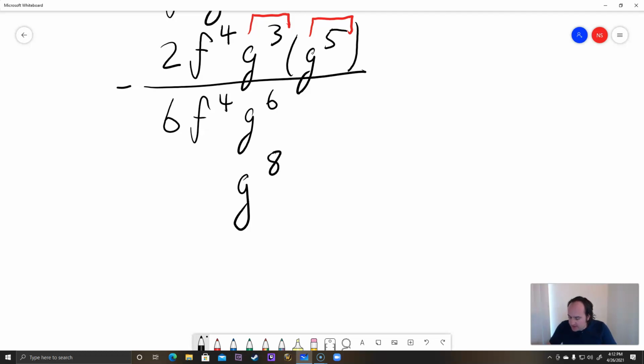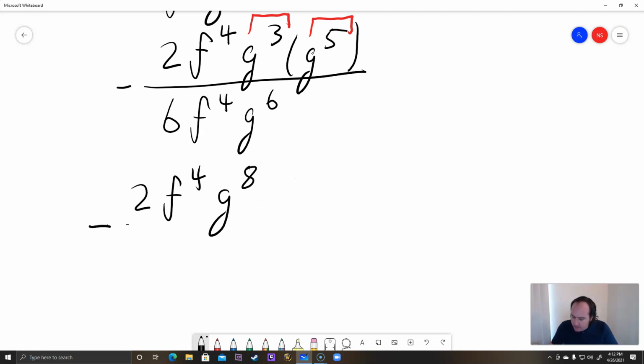So up there we have g to the 8, but don't forget we still have the rest of this stuff. So we still have negative 2f to the 4, and now we have a g to the 8 on the top, and then on the bottom we still have a 6f to the 4 g to the 6.